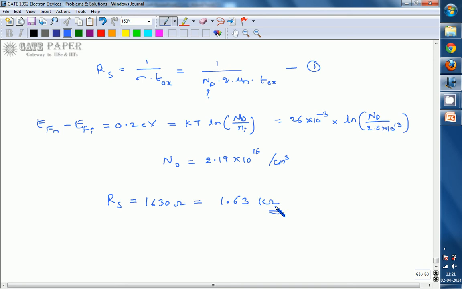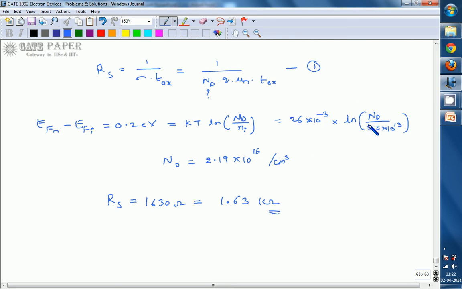Sheet resistance is rho by T, where rho is resistivity, the reciprocal of conductivity. In the conductivity equation the unknown parameter is Nd. Nd can be calculated from the Fermi level information. Substitute that Nd in equation 1 and you will get the Rs value, 1.63 kilo ohms. Thank you.